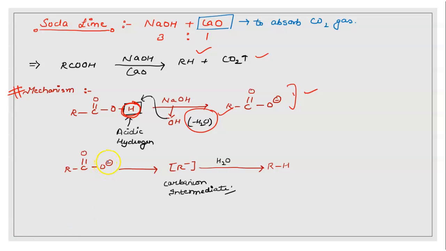Now what is happening? I already told you that compared to C single bond O negative, C double bond O is stronger. So this will happen like this, and this will not happen. In the next step, the R negative carbanion intermediate is removed, which upon hydrolysis will give your required product. So that is the simplest mechanism you can show.